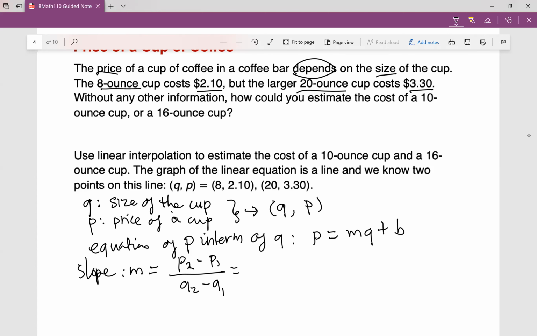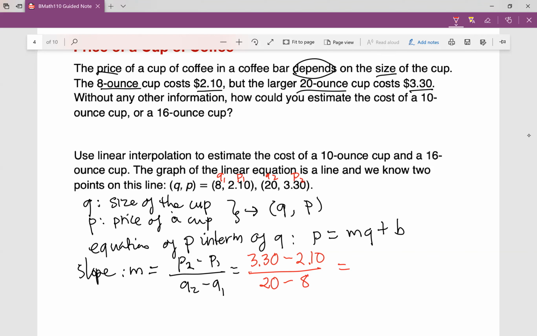And you can see that here is P1, here's P2, Q1, Q2, and you're gonna have what? P2 is 3.30 minus 2.10 over 20 minus 8.